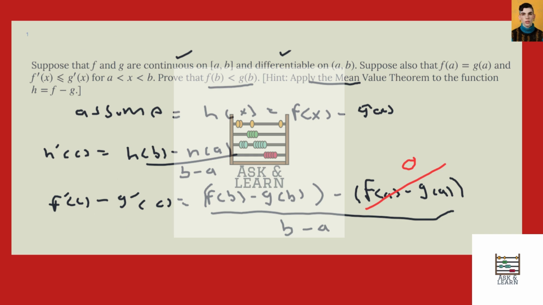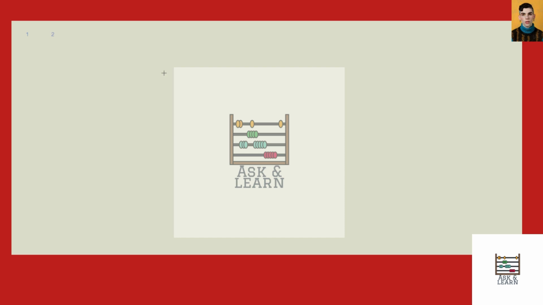So I'm going to rewrite this. I'm going to have b minus a times f prime of c minus g prime of c equal f of b minus g of b.